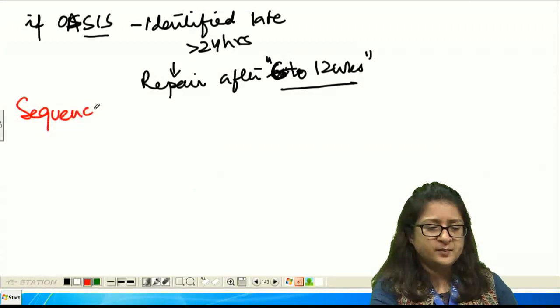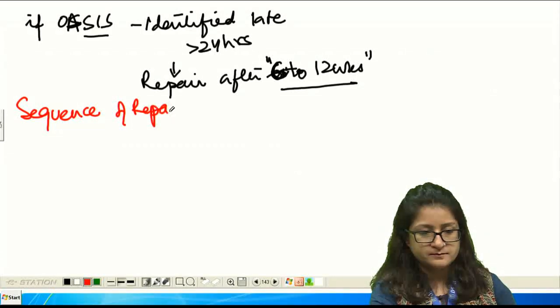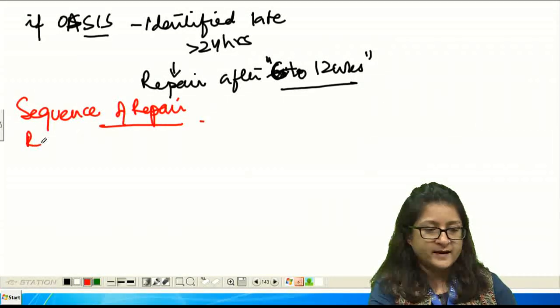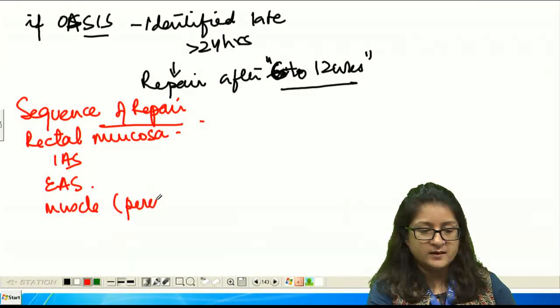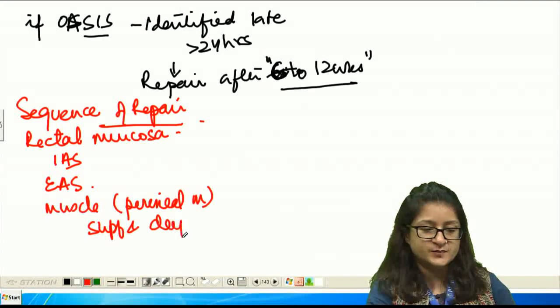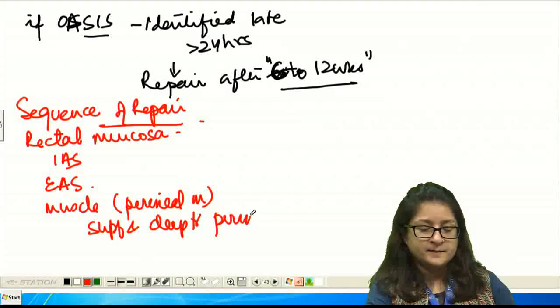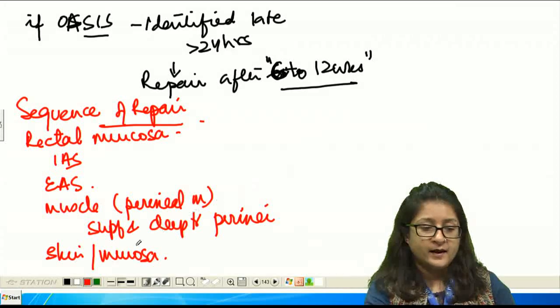Now the sequence of repair is rectal mucosa, internal anal sphincter, external anal sphincter, then muscle. Muscles are the perineal muscles, which are the superficial and deep transverse perineal muscles, and the skin and mucosa is the last layer.